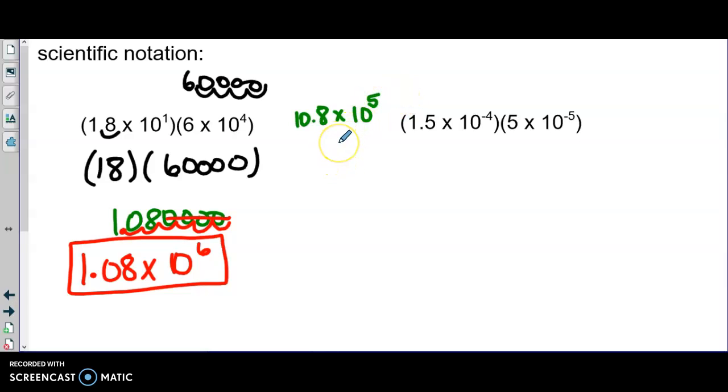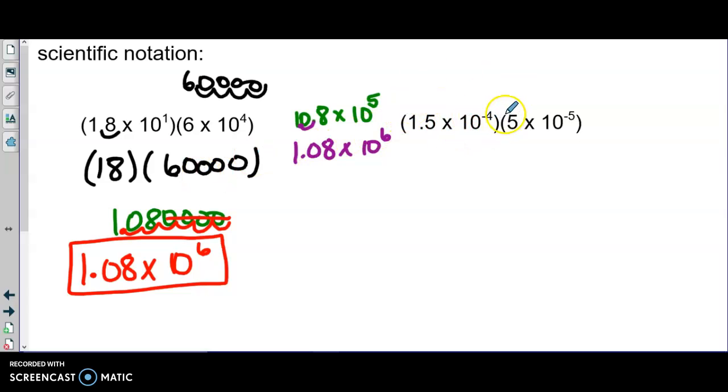But I want you to be really careful about using this method because this is not the final answer, because it's not in scientific notation unless the decimal is after the first number. So we would have to move the decimal 1 time, which is why the 5 becomes a 6. So you can solve it either way, all right?